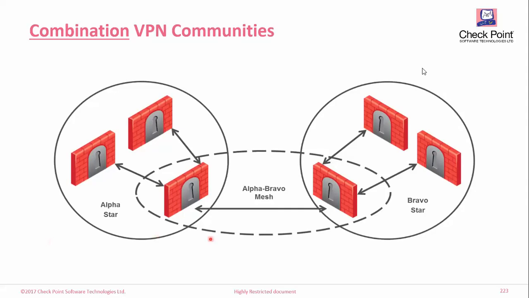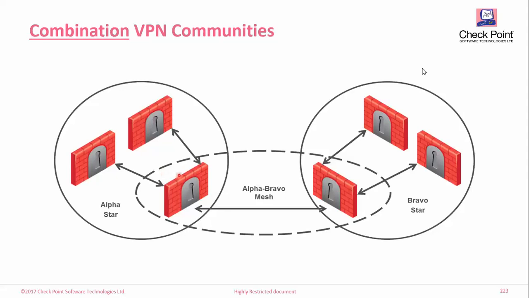I don't know why on the slide here they have Alpha and Bravo. When you're actually reading in your student manual, it says the company has corporate offices in 2 countries. And actually, they say London and New York, which are not countries, but they're cities in different countries, I guess. So on the exam, this will be the London headquarters on the left-hand side and the New York headquarters on the right-hand side.